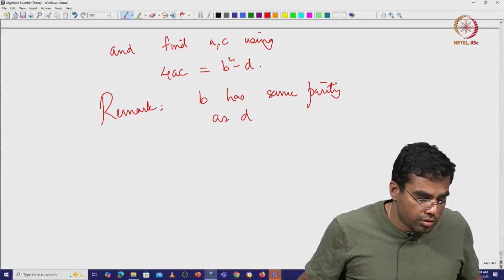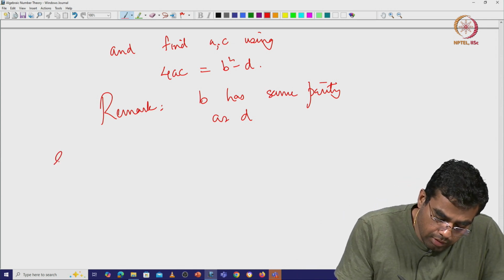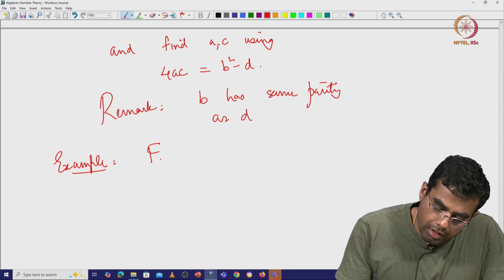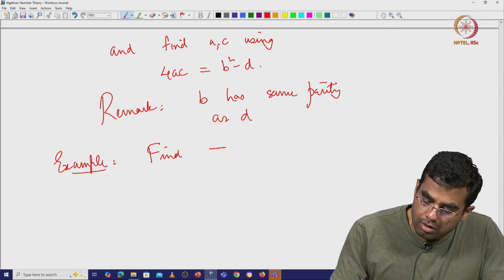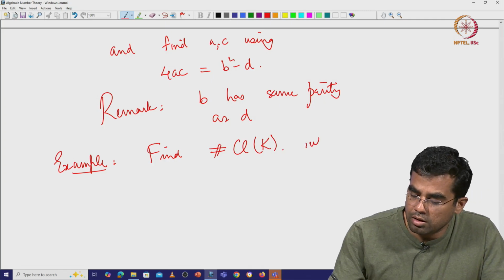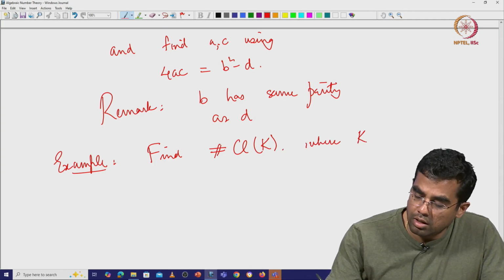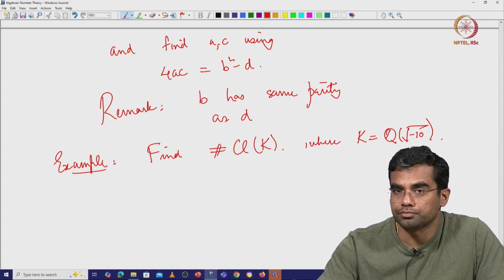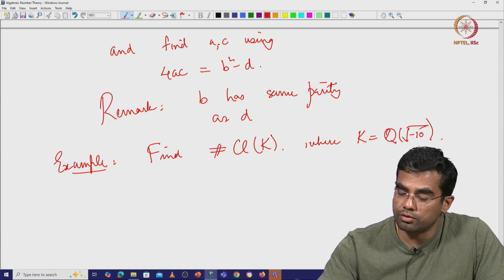So, how do we do this? Let us take an example. Find the number of elements in the ideal class group of k, where k is equal to Q of square root of minus 10.